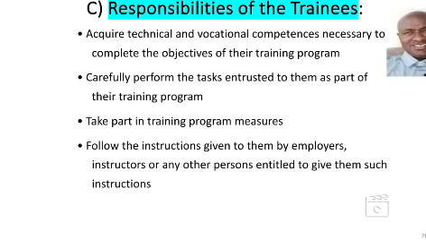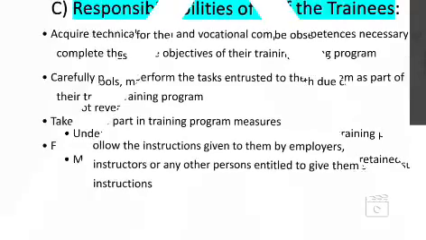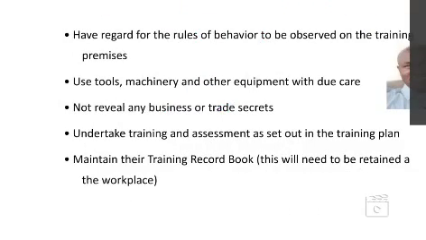When you talk about trainees, they have to obey the rules and regulations of the training institutions as well as the companies or the enterprises in general. Trainees or students should also have regard for the rules of behavior to be observed on the training premises, and they should use tools, machinery, and other equipment with due care.